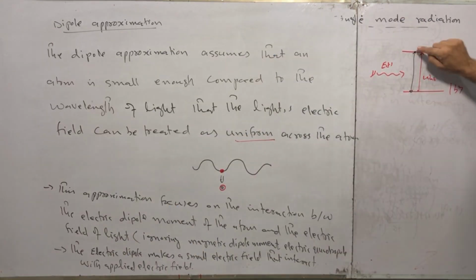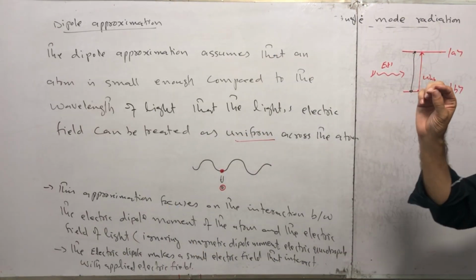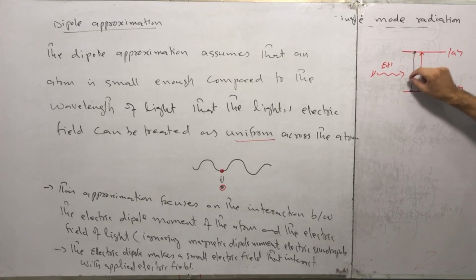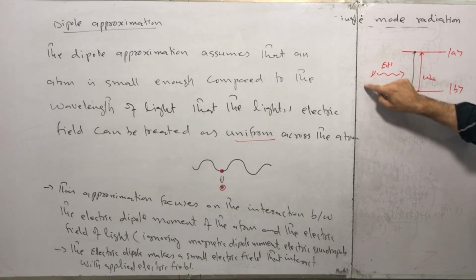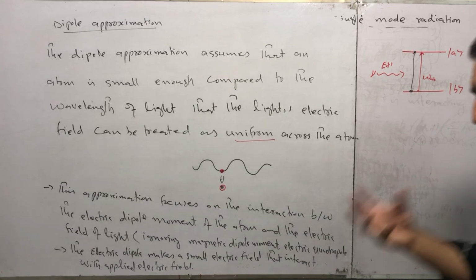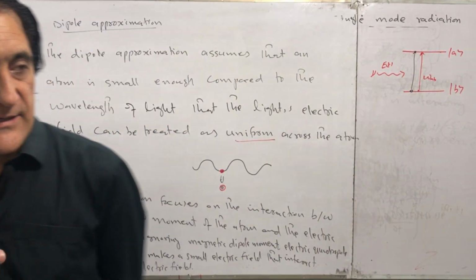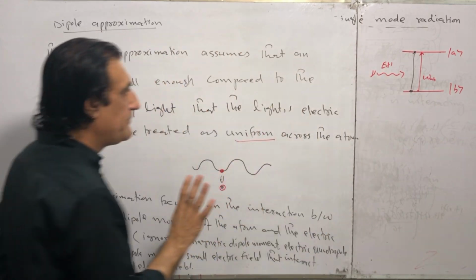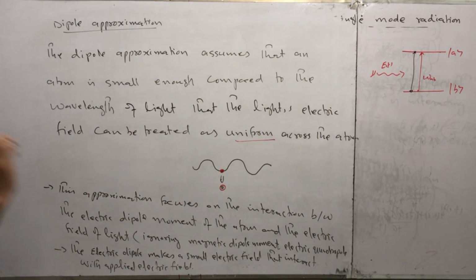This dipole produces a small electric field, and this small electric field can interact with the light field. So this is the point: the electric dipole interacts with the field.